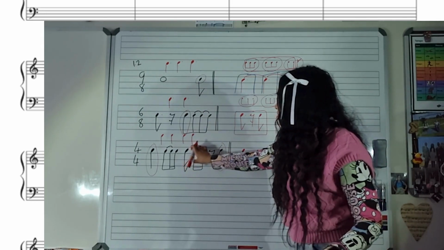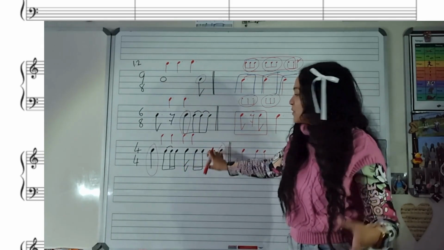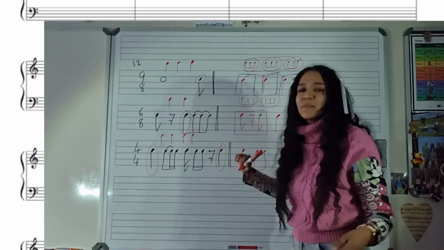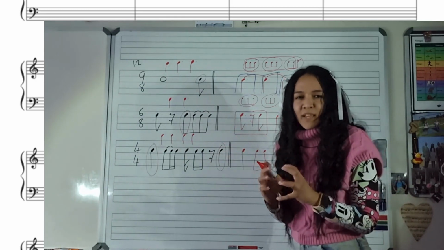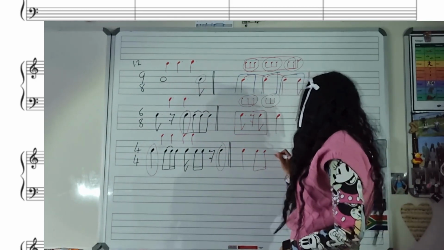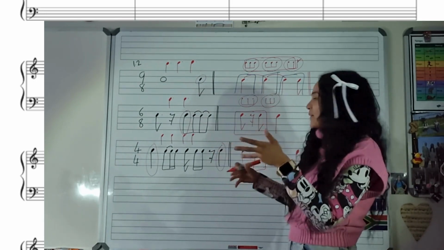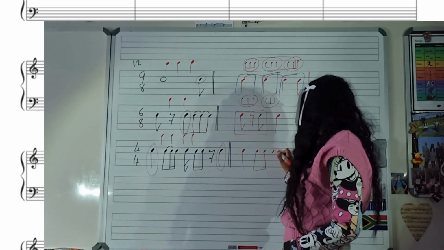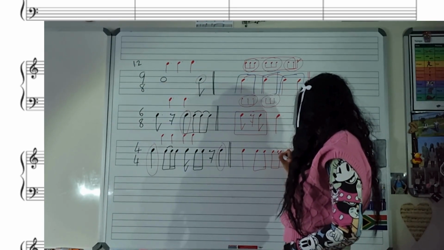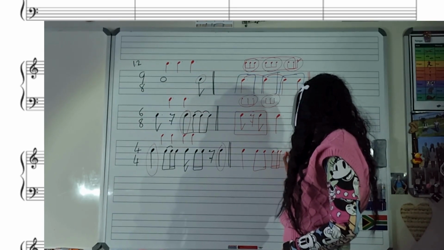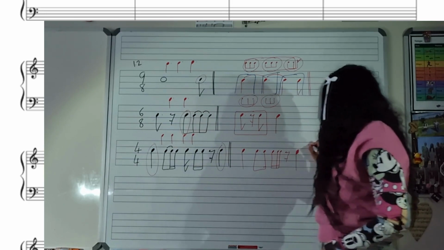We have 4 semiquaver values, 3 of them are notes, 1 of them is a rest, but we can beam those notes together because they are all of equal value within the beat, the rest as well as the notes. Okay, so let's go ahead and fill in our 3 semiquavers, followed by our semiquaver rest.